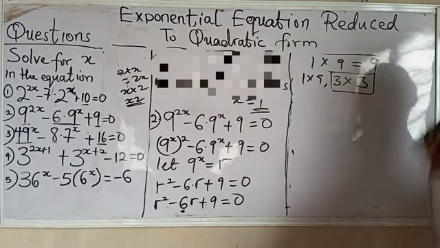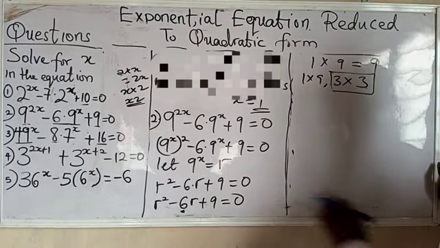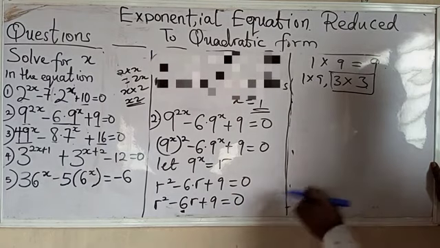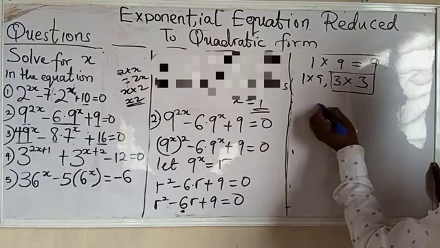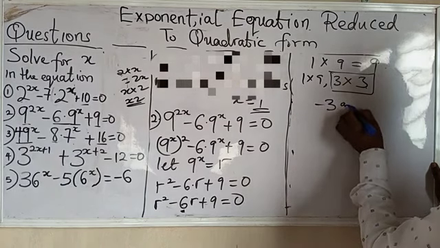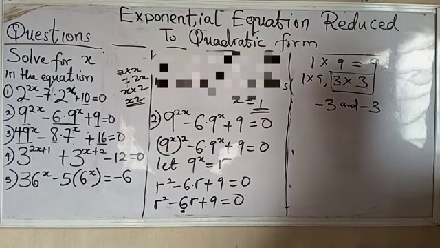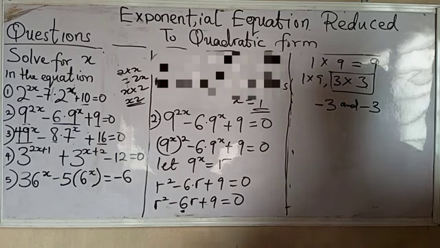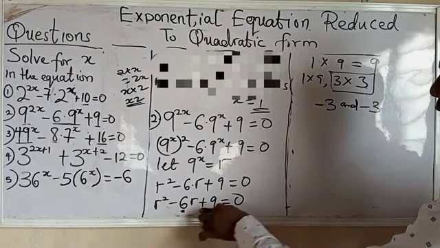Now the next thing we are going to do is figure out the numbers, the signs rather. So in this case, when you have something like this, the answer is we are going to put -3 and -3. -3 and -3 always work for quadratic equations that have a negative in the middle term and a positive on our last term.